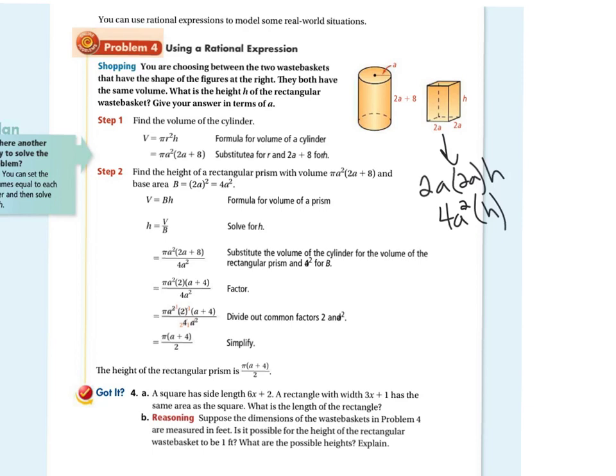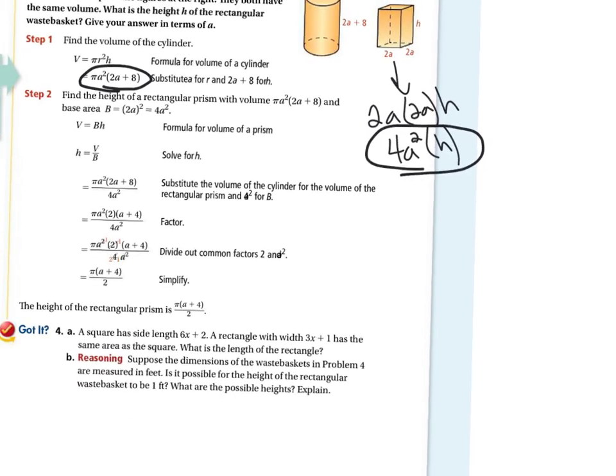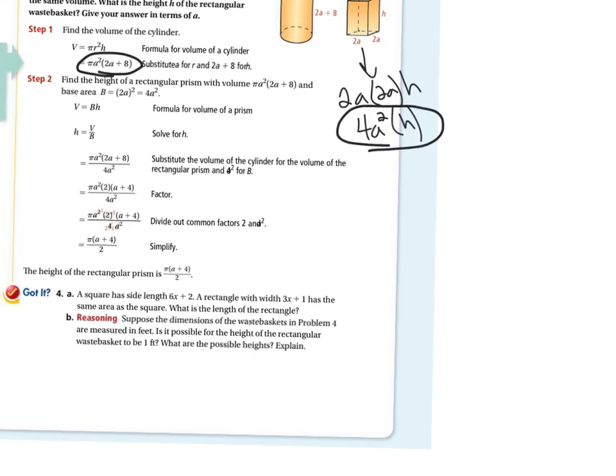And we're trying to figure out what the height is. So I would have probably done this a little differently than the book. I would have said, okay, this is my volume for the one. The other part I would have done the same as them, finding that volume. And then we can solve for h.